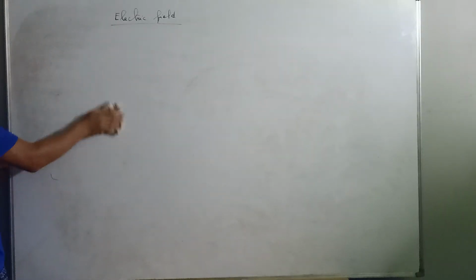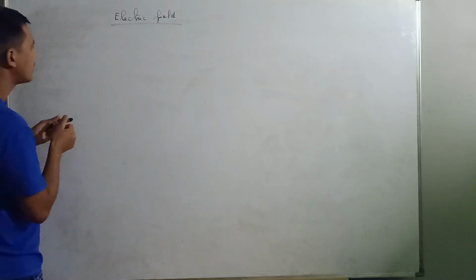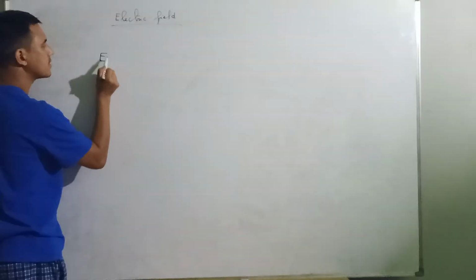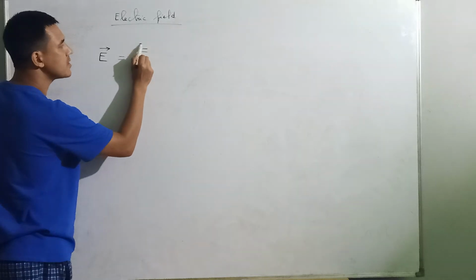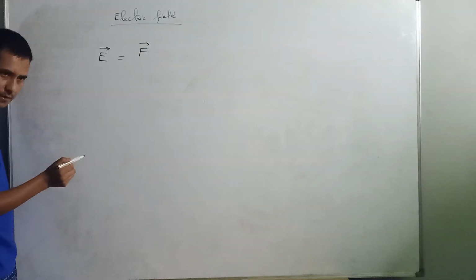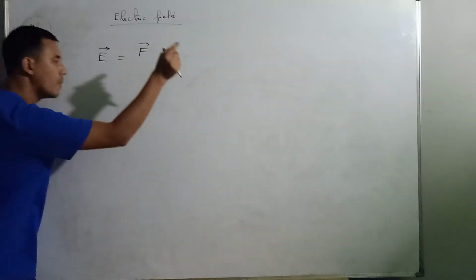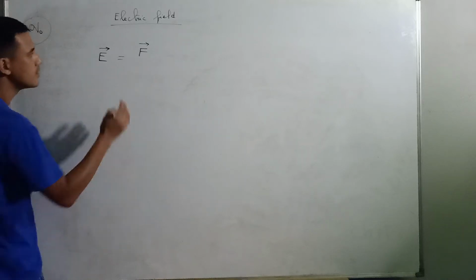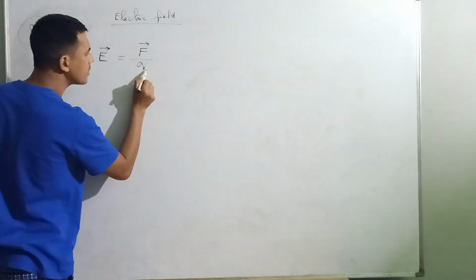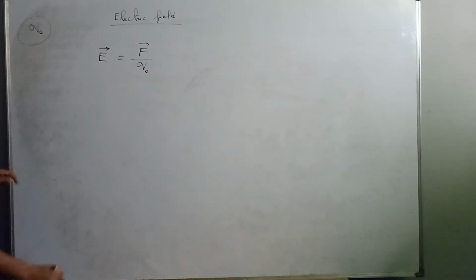So intensity of electric field, or strength of electric field, is defined as how much force is experienced when you place that test charge in the electric field created by any other charge. So force experienced per unit positive test charge.